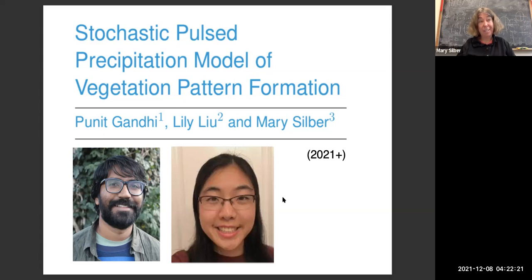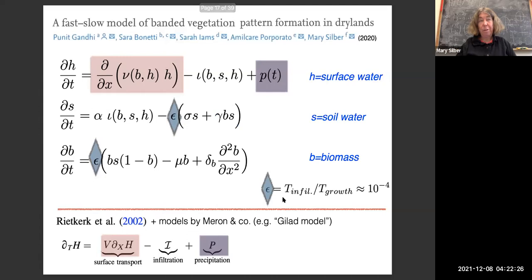It hasn't gone through peer review yet. However, it builds on an earlier model that we have published. This is the model that we're adapting for the stochastic rainfall. And this came out of a collaboration again with Puneet Gandhi and another collaborator, Sarah Imes.